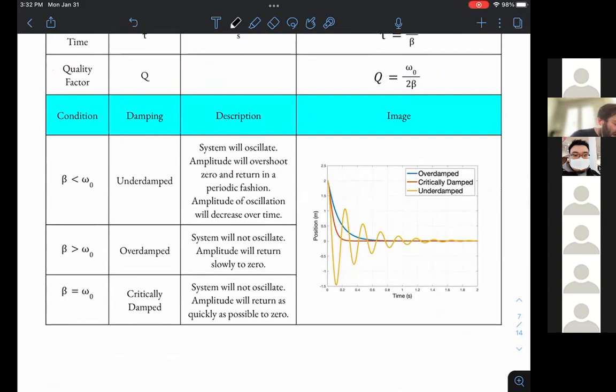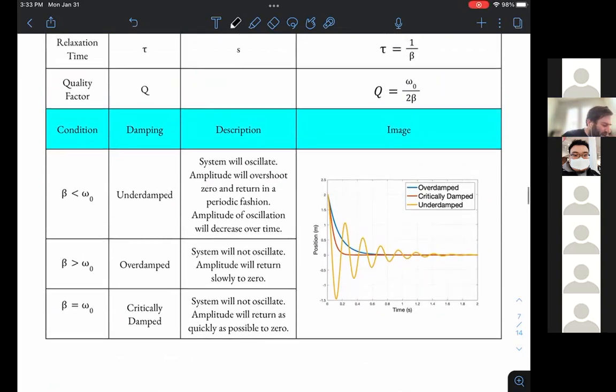And I have a little graph I made so you can remember what it looks like when those conditions are true. Remember, if it's underdamped, it's oscillatory. Like in this case, I pulled my mass back to x equals 2. If I let that mass go, it's going to overshoot the equilibrium position, then come back and overcorrect, and it's going to do that for a little while before it runs out of energy.